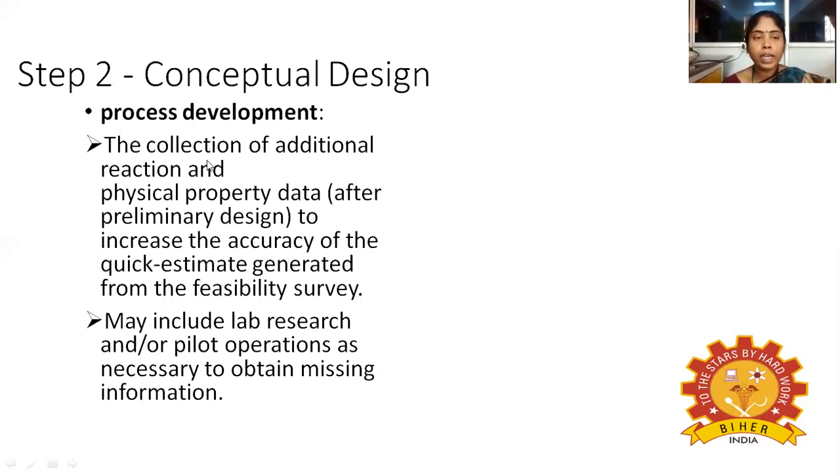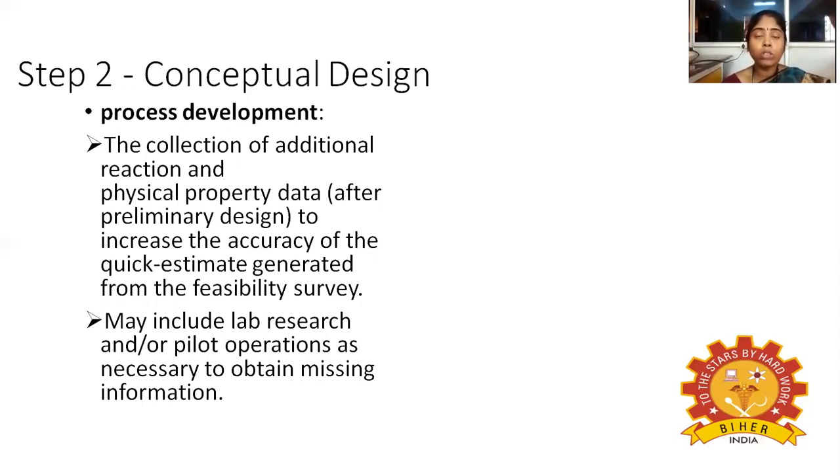We are going to collect all the data to increase the accuracy over the quick estimation from the feasibility survey. I said the first step is the feasibility survey. Here we are going to collect all the data from the quick estimation of the feasibility survey, in such a way that it works for any product formation.